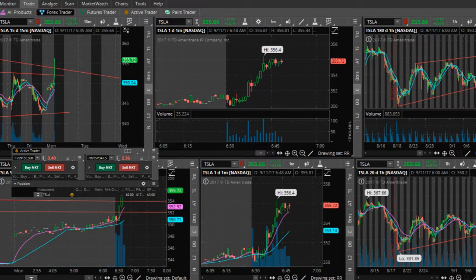Realizing your mistakes and getting out of a trade is honestly the best way to save yourself, because let's say you want a stock to go up, and you buy a call and you're hoping it goes up, and then it starts going down, and you're like, oh well, maybe in 10 minutes it's going to go back up, and then it doesn't, and it just drops harder, and then 20 minutes later it drops even harder, and you're like, well, maybe it'll go up tomorrow, but instead it drops even harder, and you've lost all your money.